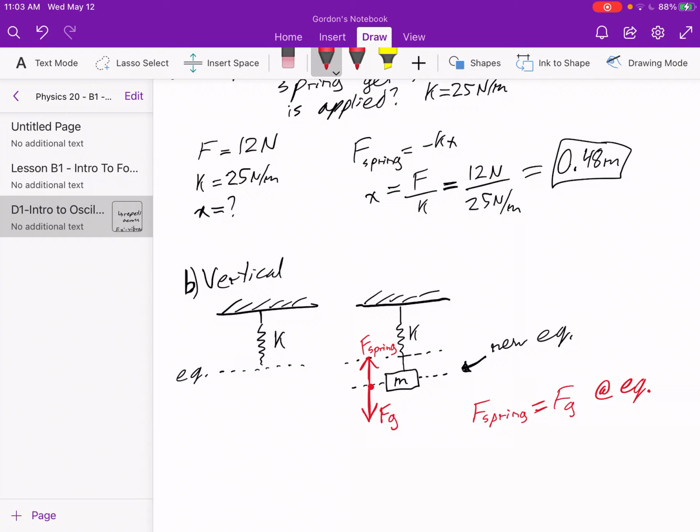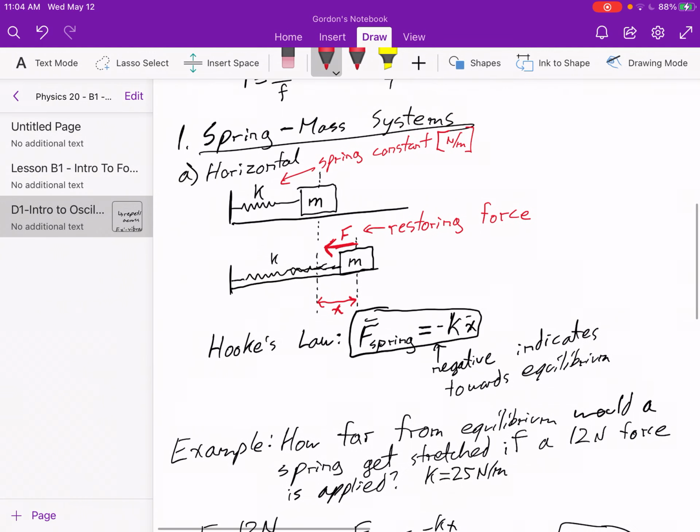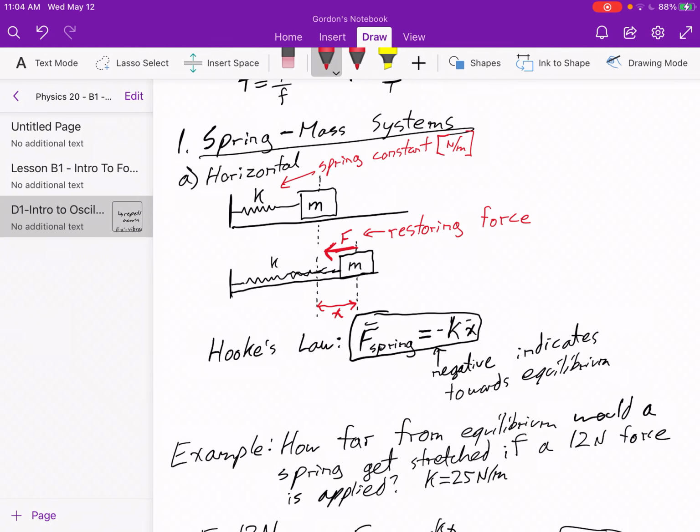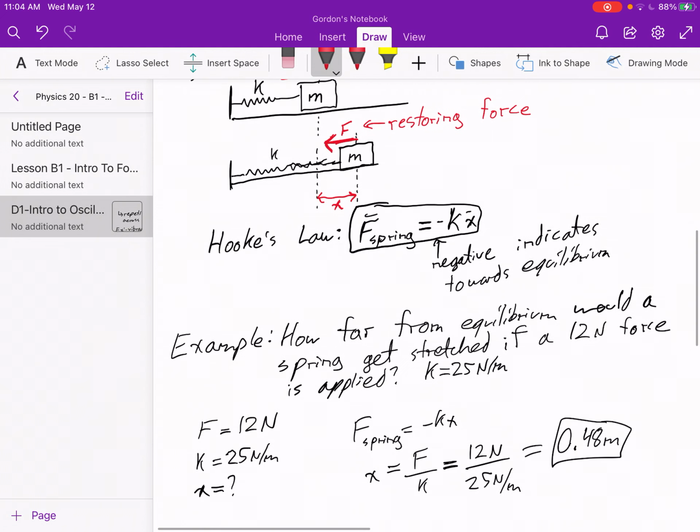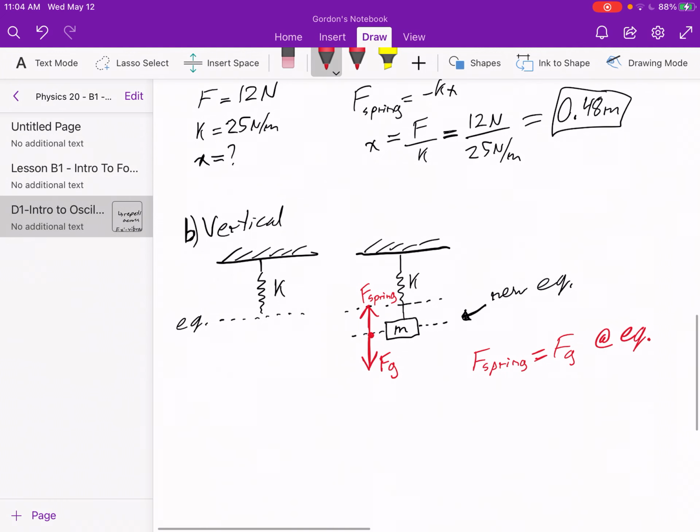If you were to then stretch the spring even further, well, then the situation starts to look a lot like a horizontal one, where we have a force that is restoring it to the new equilibrium. So the big difference between horizontal and vertical is that the equilibrium position can sometimes change when we're talking about a vertical system, depending on how much mass we add.